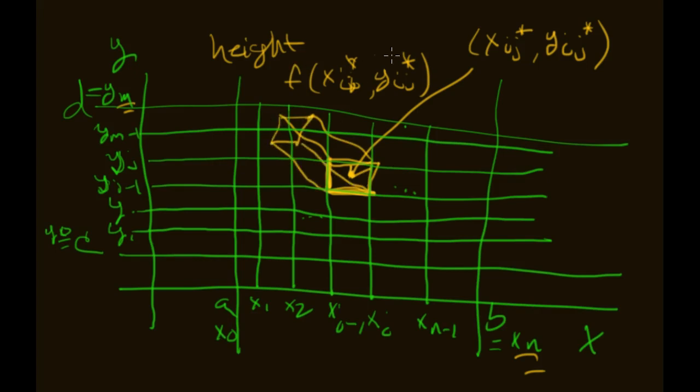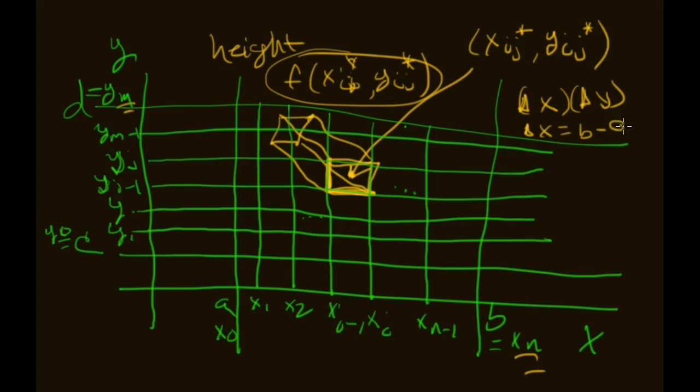The height of that prism is this. Its base area is going to be delta x times delta y, where delta x is b minus a over n, and delta y is d minus c over m.